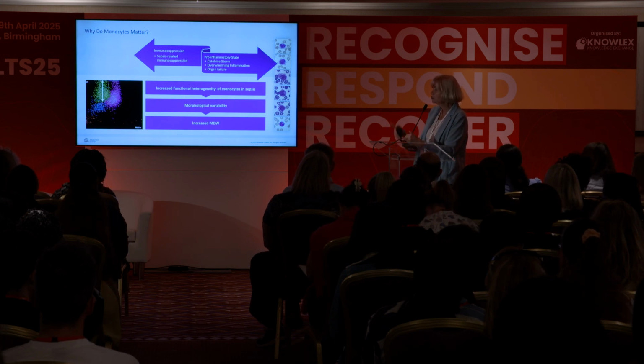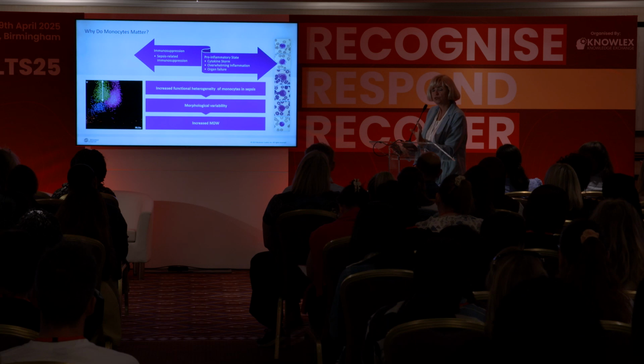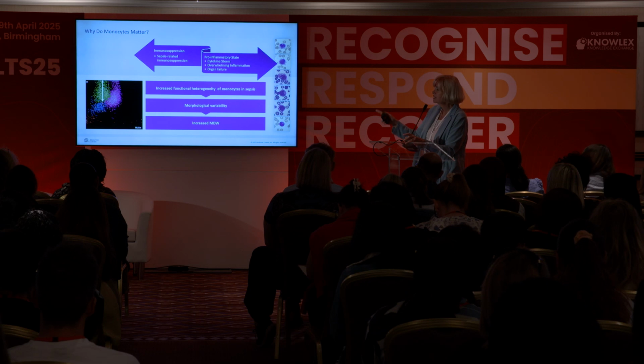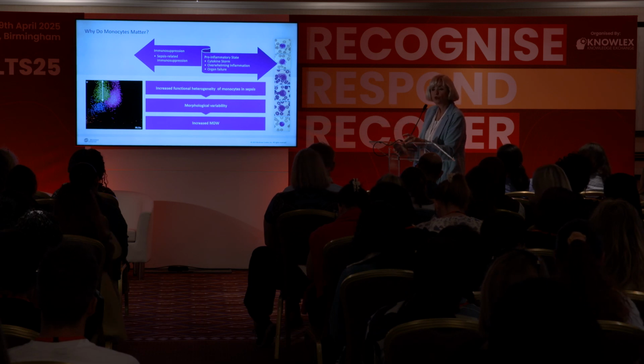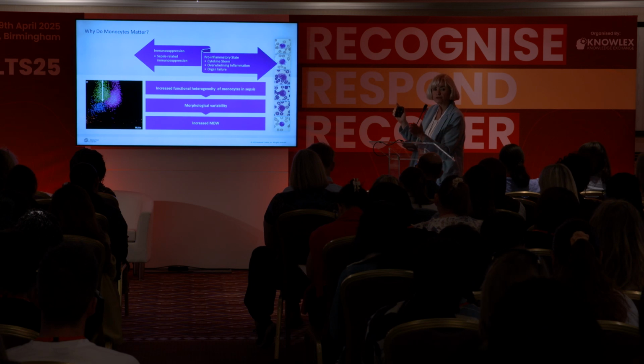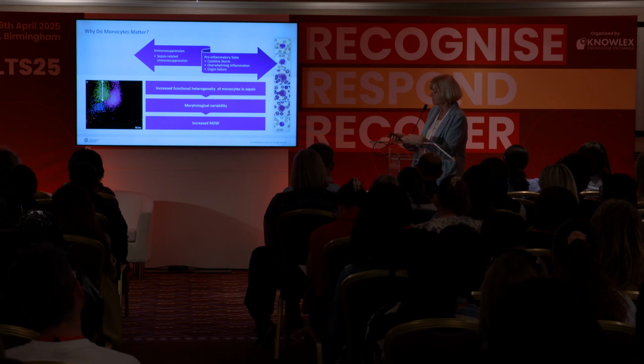In the left graph, you can see a two-dimensional plot of the analysis of the cells. In green, you can see the population of monocytes. The vertical axis is the measurement of volume. When we see an extended monocyte population from top to bottom, this is the indication of increased MDW.